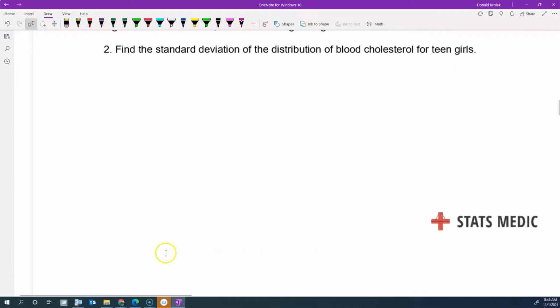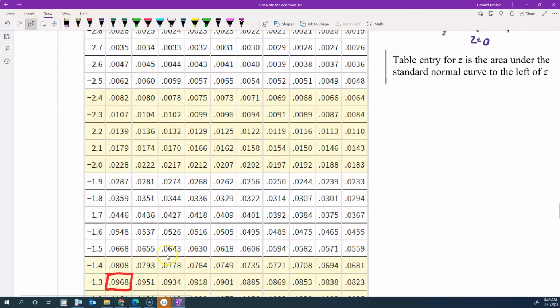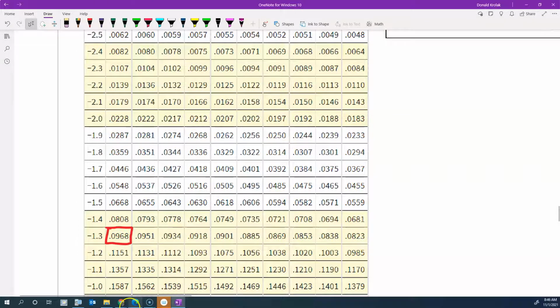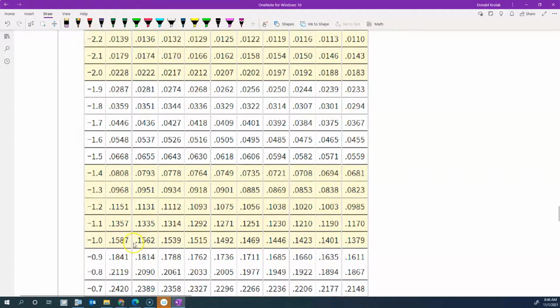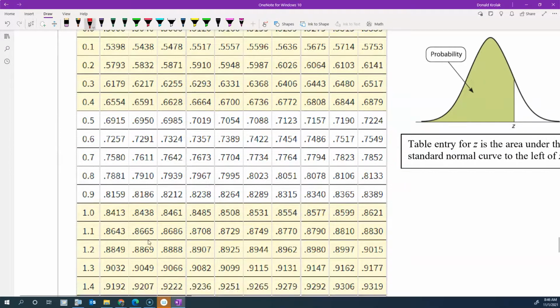Okay, so I go to table A and I find the closest one to 80%, 0.8. So that's going to be on the second page, 0.8. Well, let's see, I got 7995 and 823.